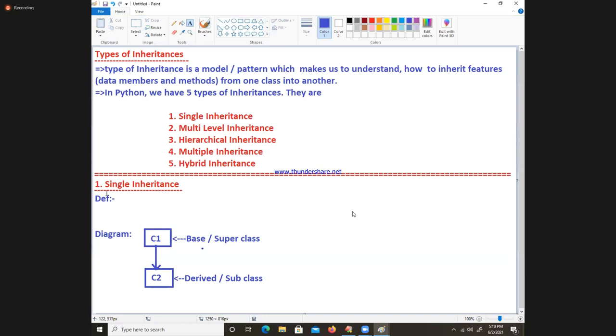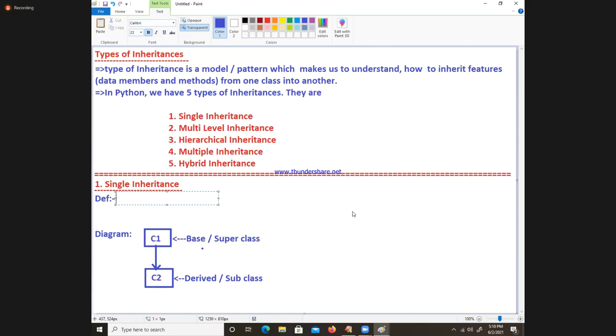This model is called a single inheritance. Tell me, this inheritance contains, by looking at the diagram itself we must be able to understand, a single base class and a single derived class.